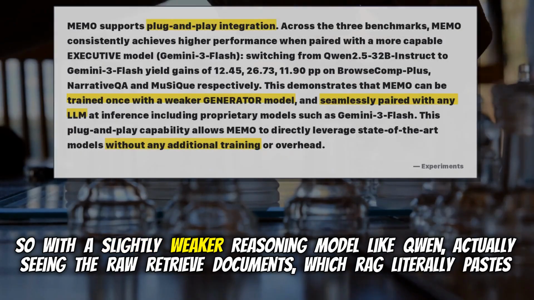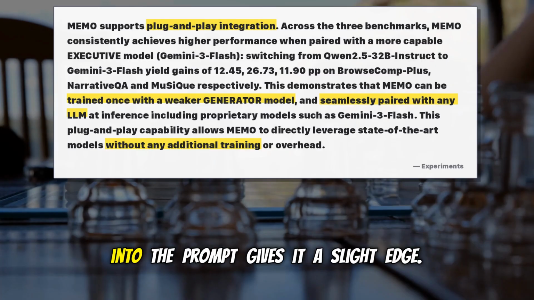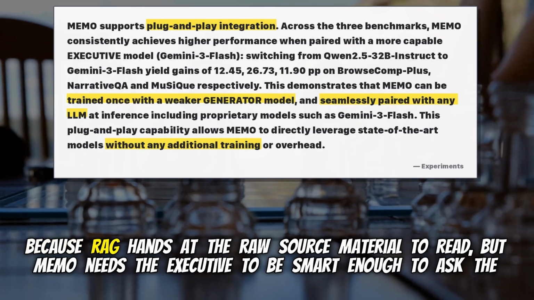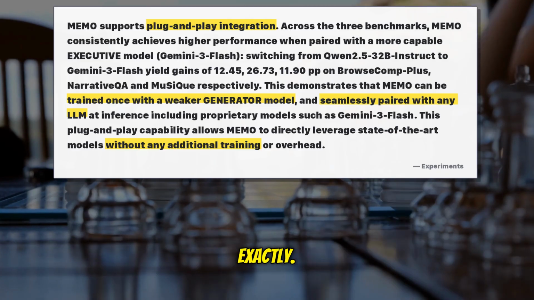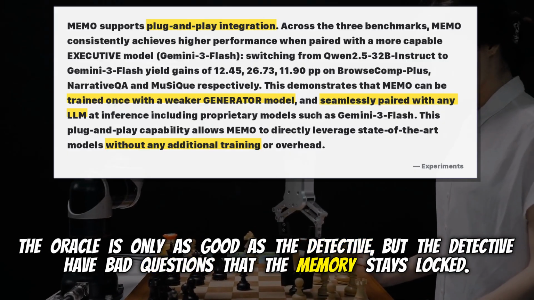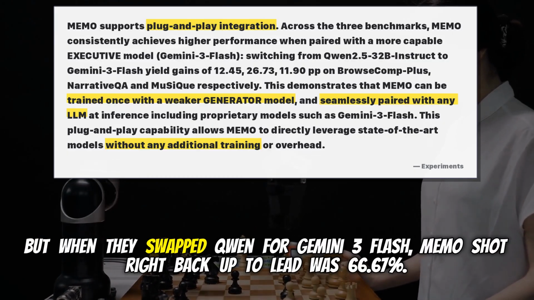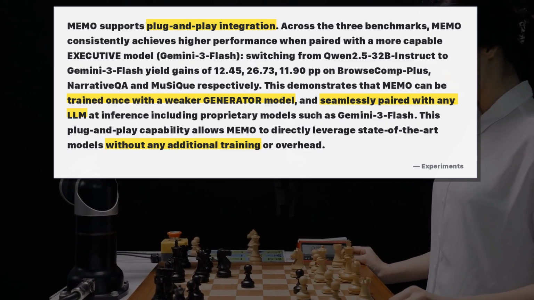So with a slightly weaker reasoning model like Qwen, actually seeing the raw retrieved documents, which RAG literally pastes into the prompt, gives it a slight edge. Because RAG hands it the raw source material to read, but MEMO needs the executive to be smart enough to ask the right questions. Exactly. The oracle is only as good as the detective. If the detective has bad questions, the memory stays locked. But when they swapped Qwen for Gemini 3 Flash, MEMO shot right back up to lead with 66.67%.